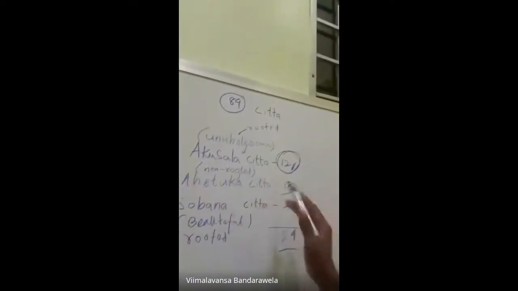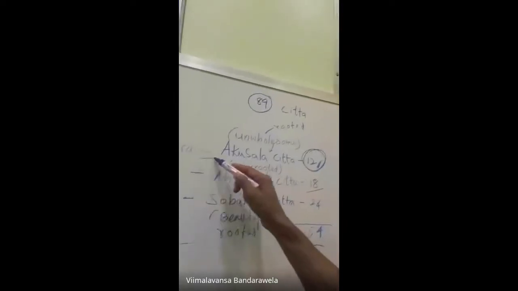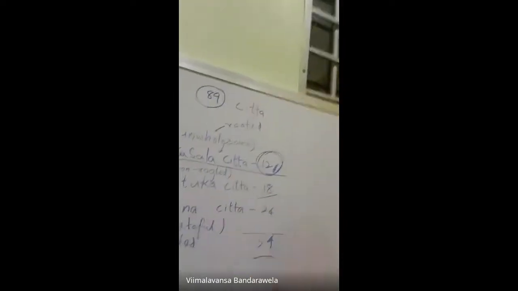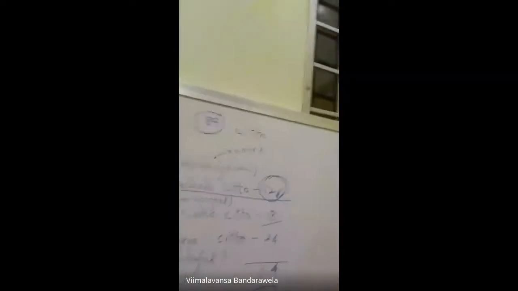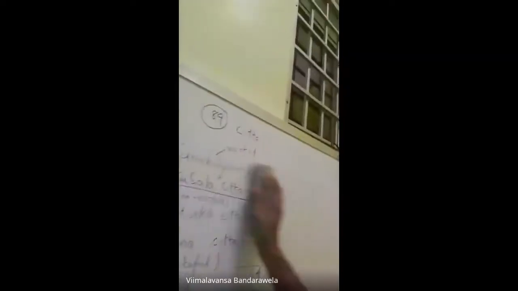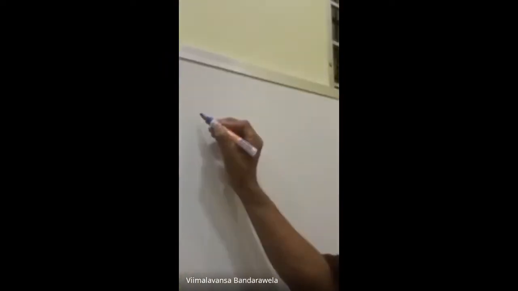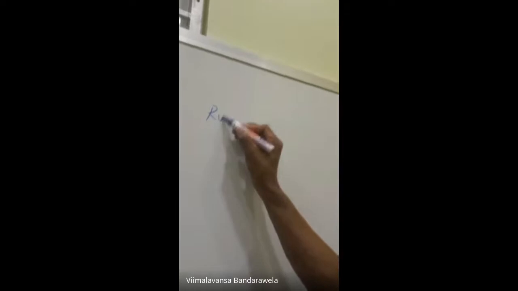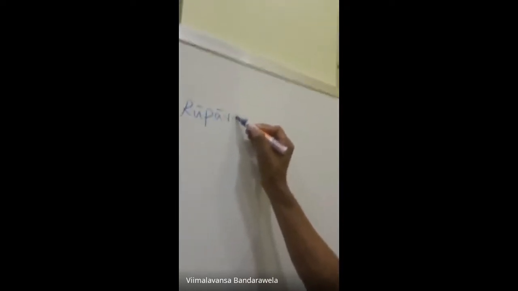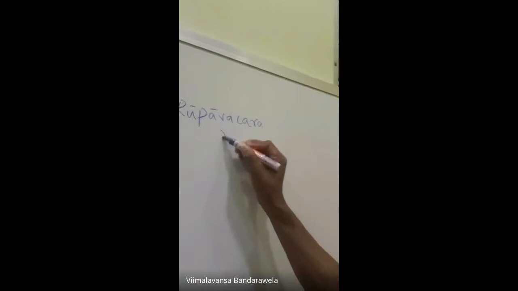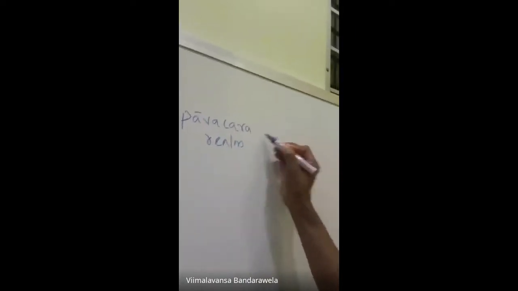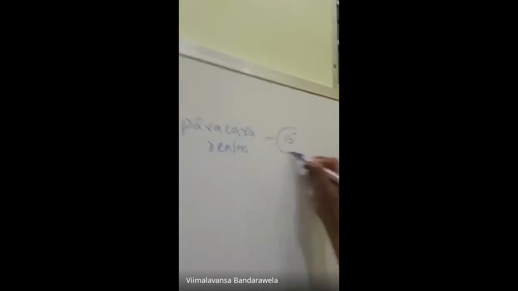Okay, now let's move to akusala consciousness, right? 12 types of akusala consciousness. Today we want to finish the 12 types of akusala consciousness. And then you have the fine material world, or rupavachara. You have 15 consciousness. Please write it down.